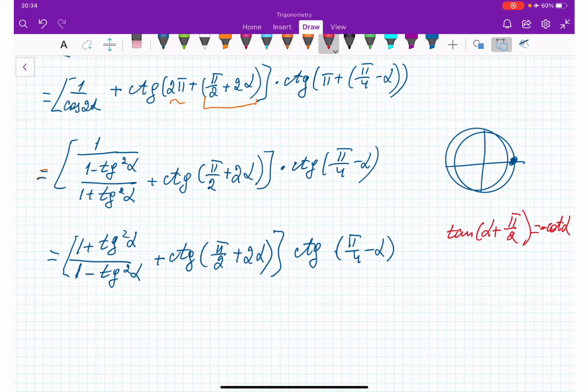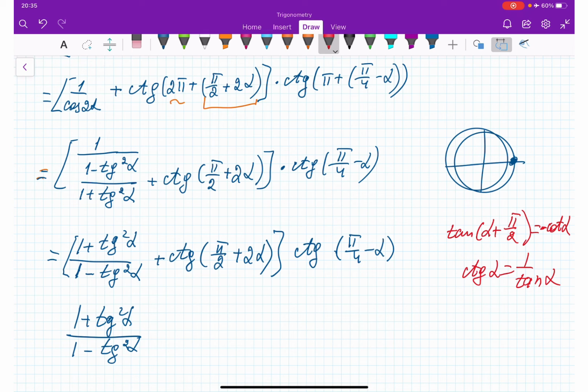Therefore here, in this case, we are going to get 1 plus tangent squared alpha, 1 minus tangent squared alpha, and cotangent half a pi plus 2 alpha. It's going to be negative tangent because cotangent alpha is equal 1 over tangent alpha.